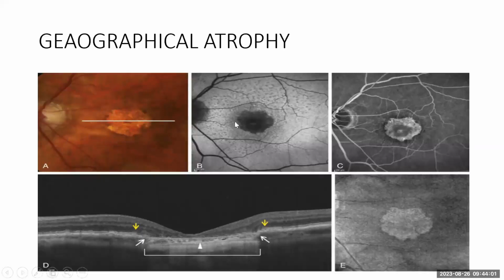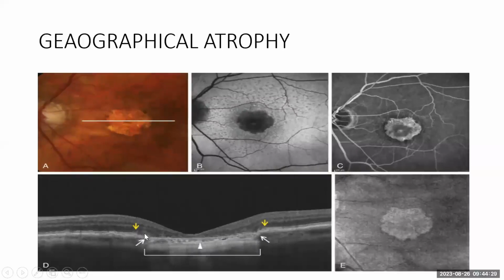This fundus photo, this FA, this is an FAF image. So I point this, see the yellow lines, the yellow arrows. The yellow arrows are showing you the abrupt stop of your ELM, ellipsoid, and RPE.